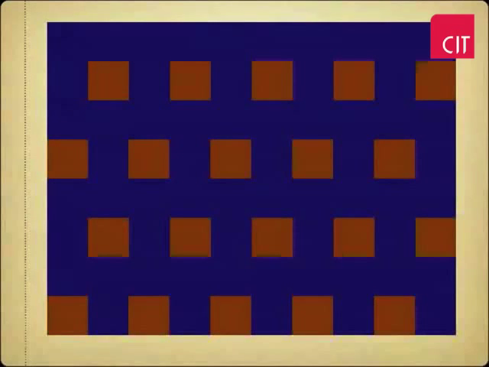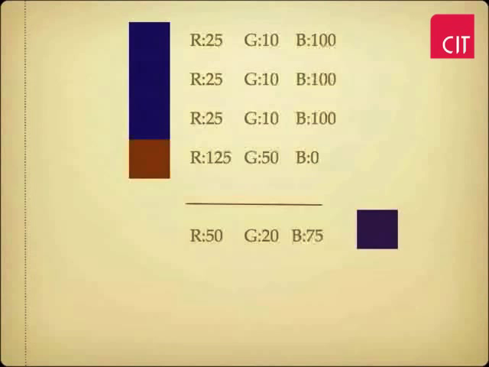When the pixels don't occur in a 50-50 ratio, calculating the overall average is a bit more complicated because it has to be weighted according to the ratio. Here the blue pixels have an RGB value of 25, 10, 100, and the brown pixels are 125, 50, 0.